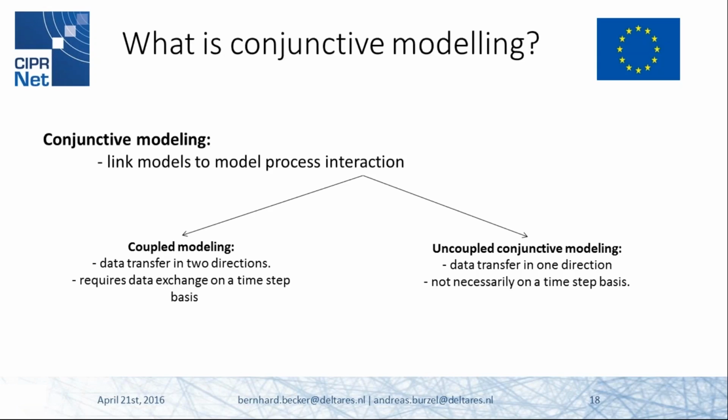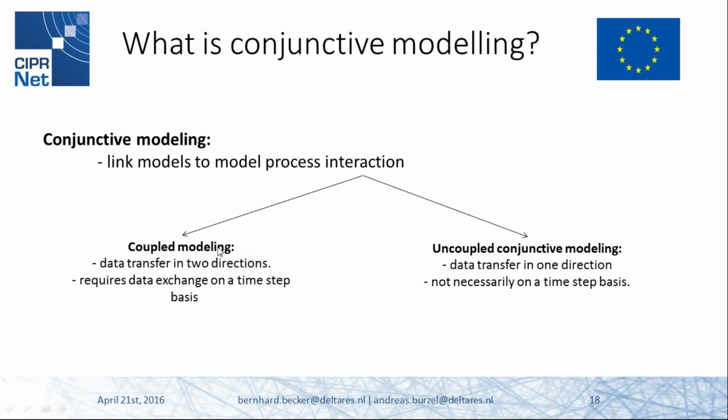Some more background on model coupling, or conjunctive modeling. There are different terms for model coupling, conjunctive modeling, linked modeling or integrated modeling, and what we will use within this webinar is that conjunctive modeling is a more general term. This means that we link models to model process interaction in some way, and then we can choose between coupled modeling and uncoupled conjunctive modeling.